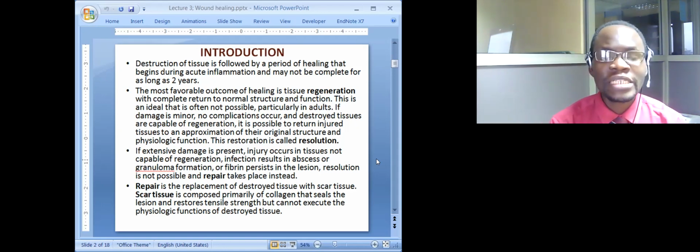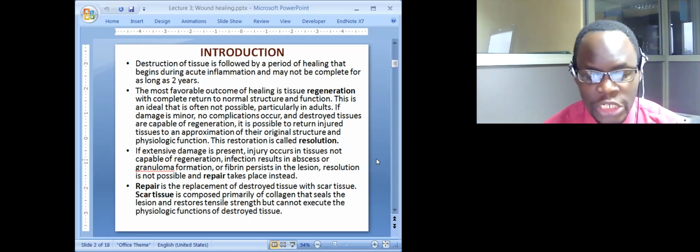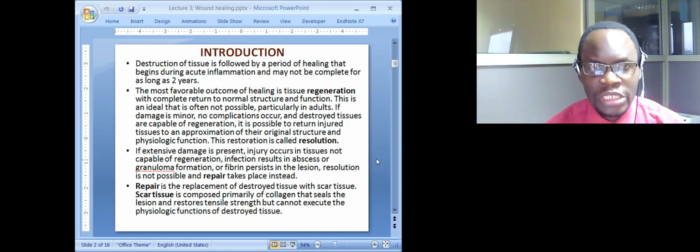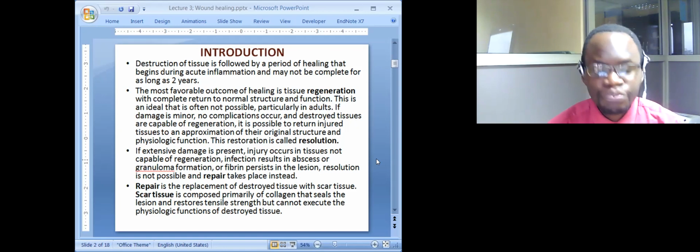However, if there is extensive damage and too much tissue destruction, there is extensive inflammation as a result of infection and abscess formation, and if granulomatous tissue is being formed, then we cannot have resolution, but instead we refer to it as repair.